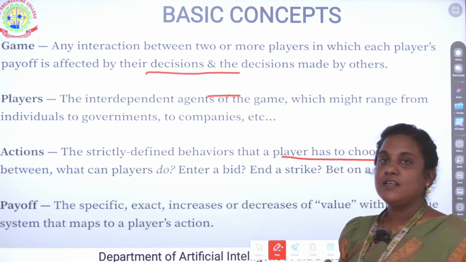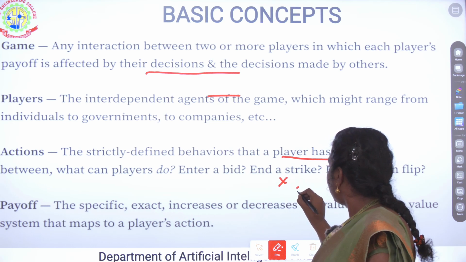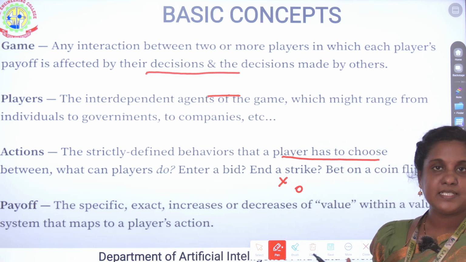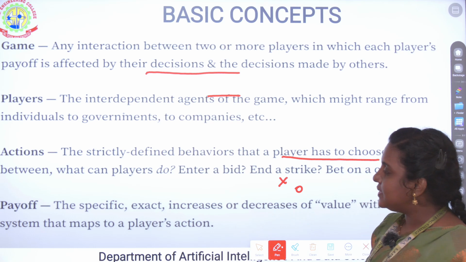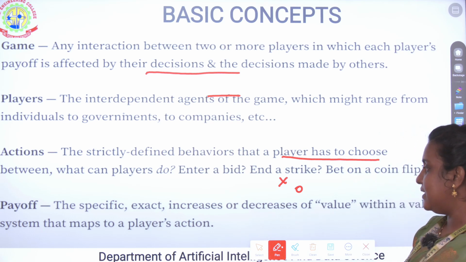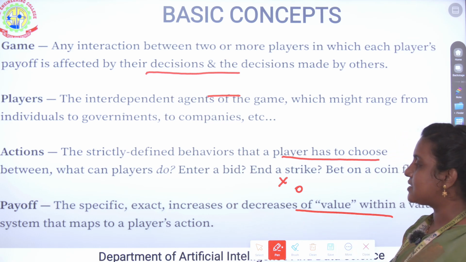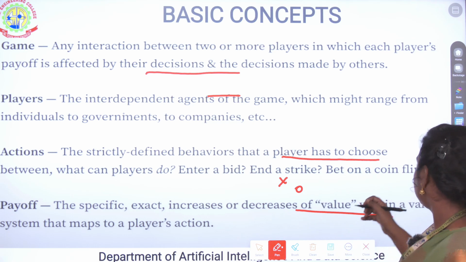If it is a tic-tac-toe game, they put X or O based on the player's turn. Next is payoff. Payoff is nothing but the utility value. It will increase or decrease within the system based on their decisions.